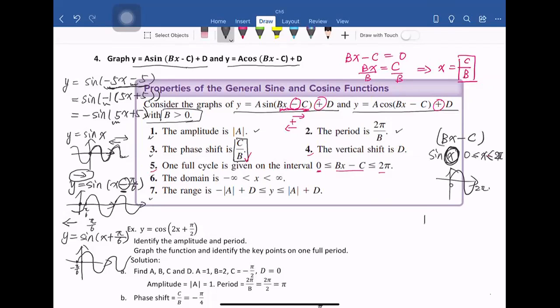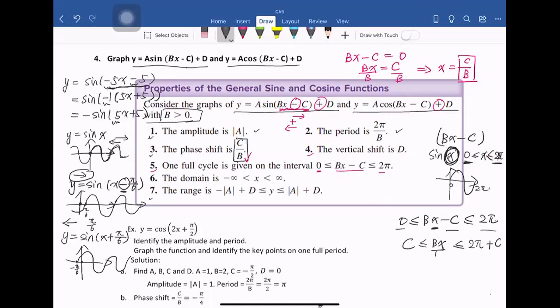So I can put my bx minus c here, and then I still use this full cycle interval, that is 0 and 2 pi. And let's solve for x. So add c in these three expressions: bx is greater than or equal to c, less than or equal to 2 pi plus c.